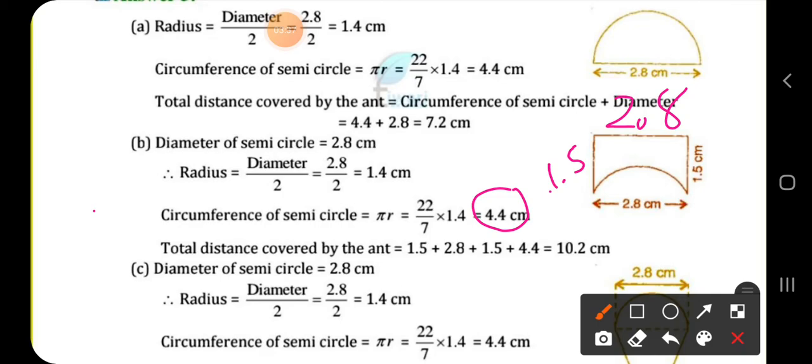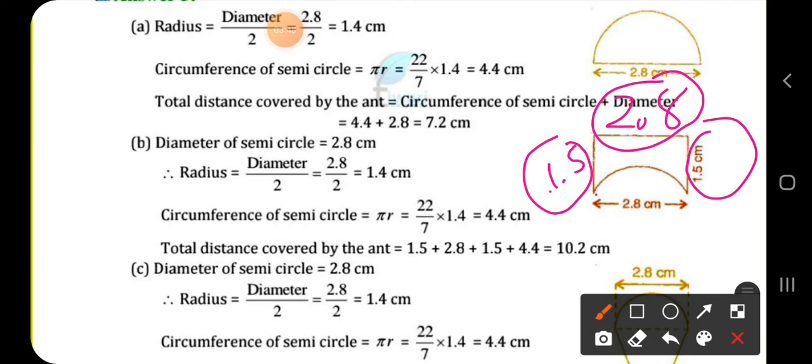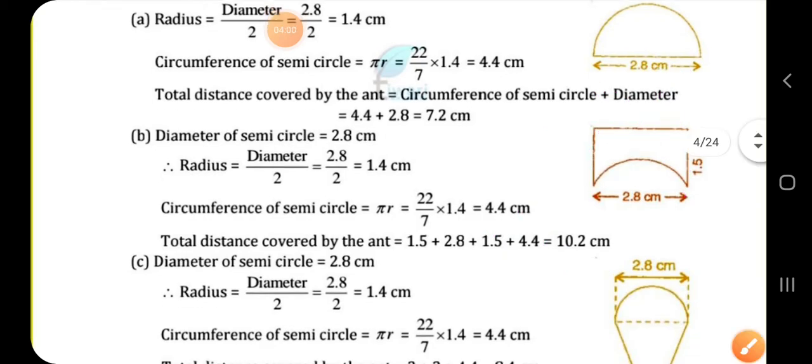So 4.4 is the circumference of the semicircle. Now let's add them one by one: 1.5 plus 2.8 plus 1.5, and this circumference, 4.4. Add them up, so it's 10.2 centimeters.